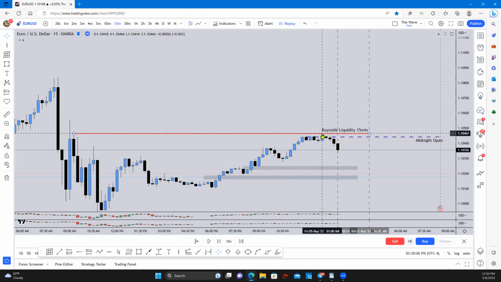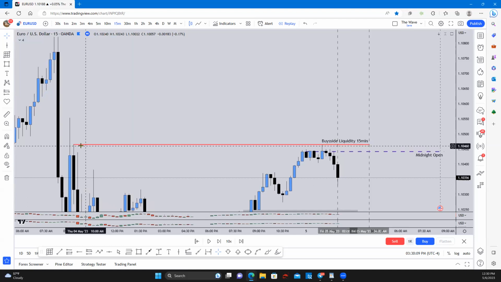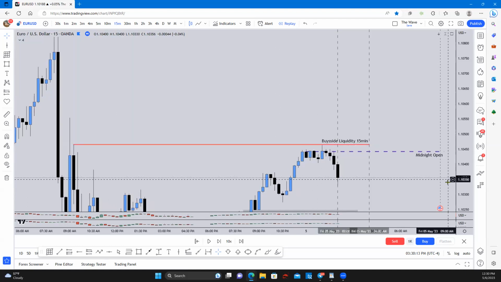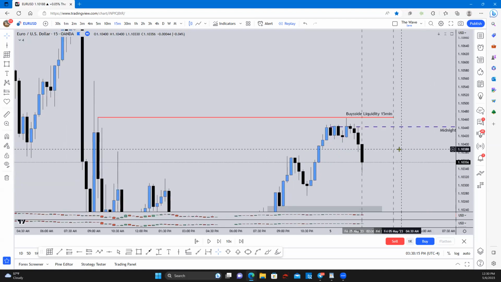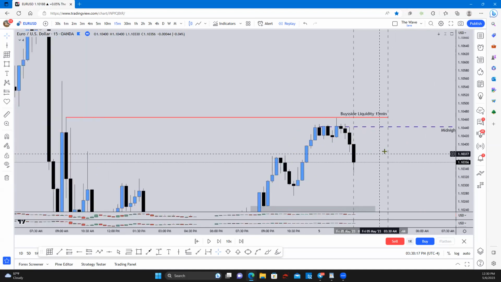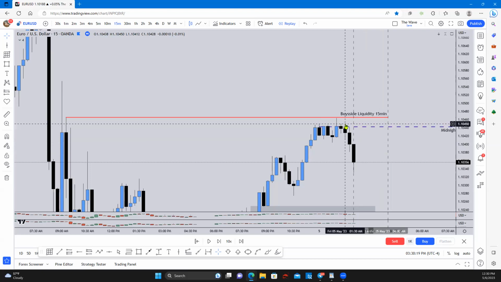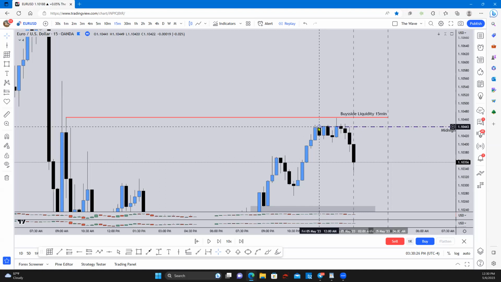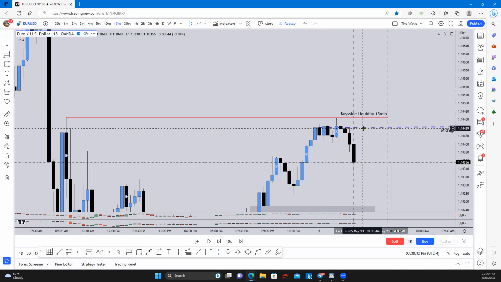So this is where liquidity is resting, just above these equal or relatively equal highs. You can even make an argument that these two bearish candles have relative equal highs too. And then this is our midnight opening price, on this bearish candle here.